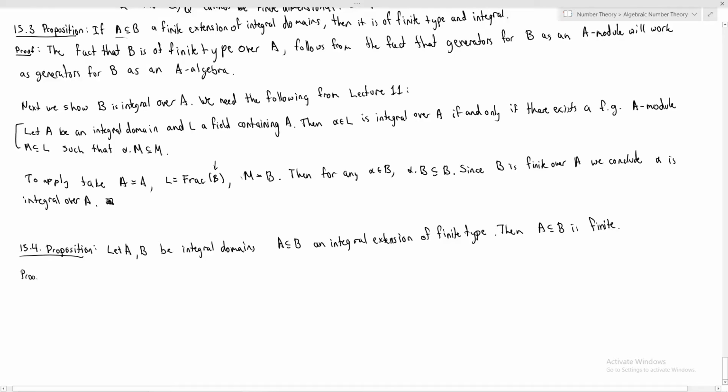Okay, let's go ahead and get into the proof. So essentially we're going to prove this by induction on the number of algebra generators of B. Okay, so first, let's consider the base case.